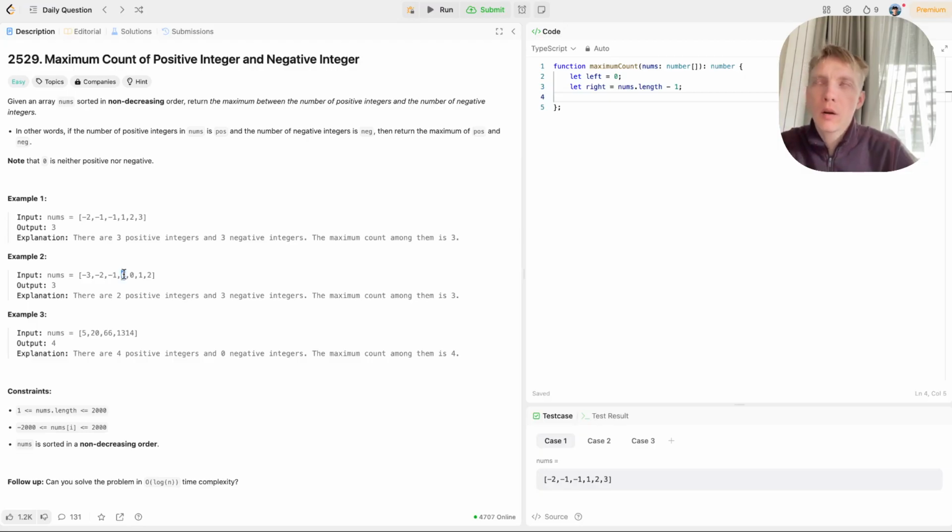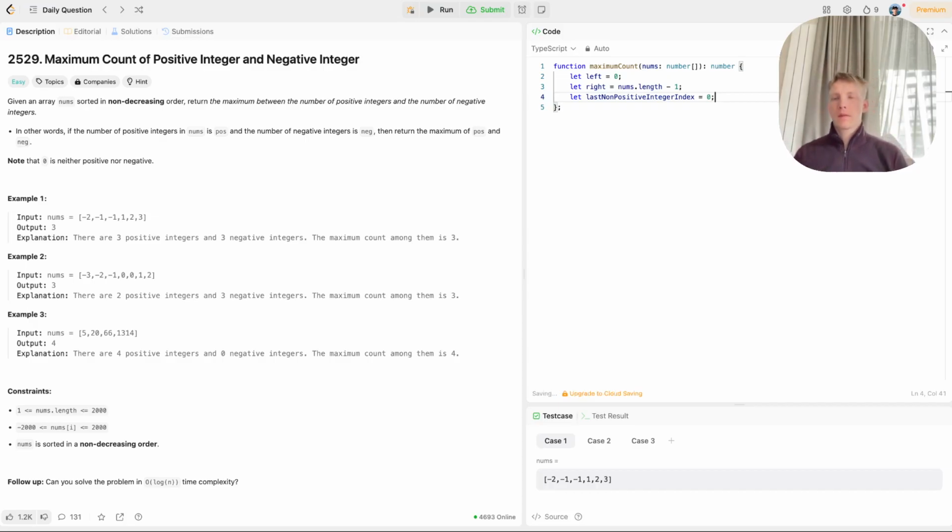This is how we can avoid extra iterations. Let's try. The last non-positive integer index is 0, for example. Then we start our binary search.